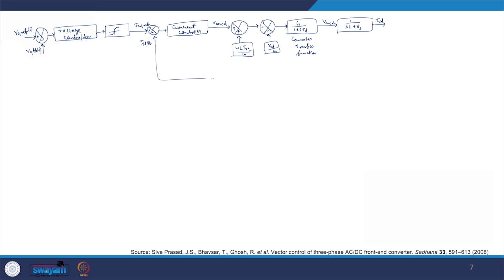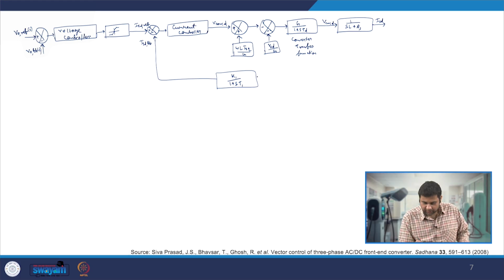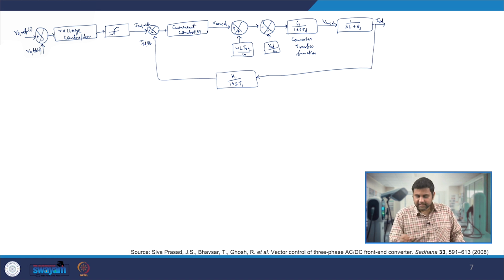We will send it through the current sensor with transfer function K1 divided by 1 plus ST1, and this ISD will come from there. Then we will do the multiplication factor K, and we will define what K is as we go along.